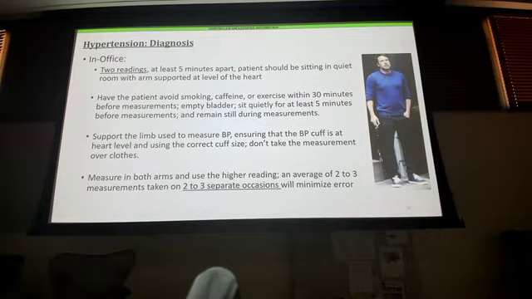So when you do get a blood pressure that's abnormal, you want to verify that it is actually abnormal on that first check. So what can we do? Well, let them rest for 5-10 minutes or so, and then recheck. If that is now normal, record that value.